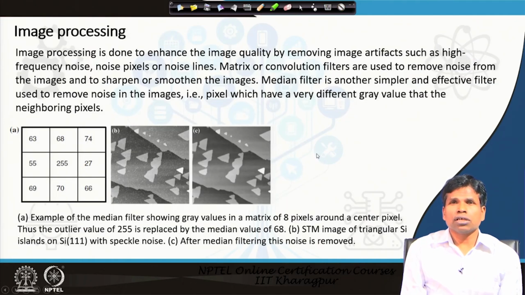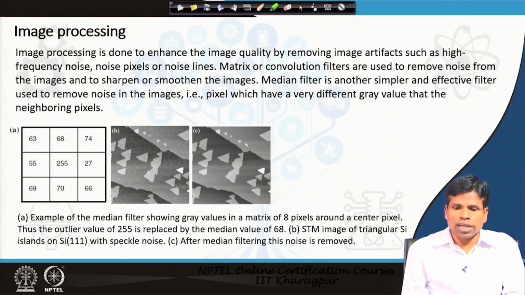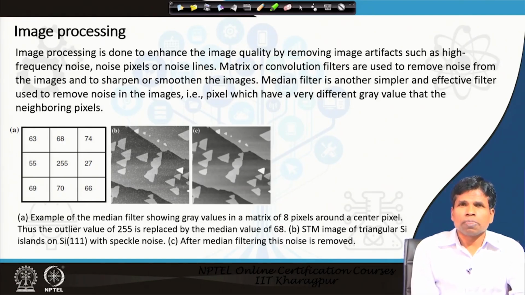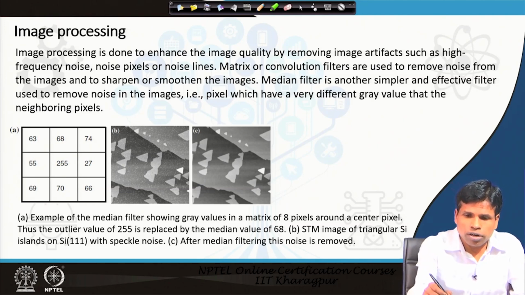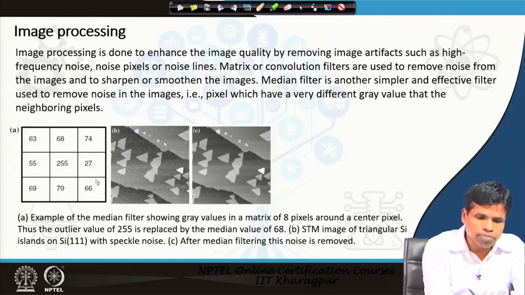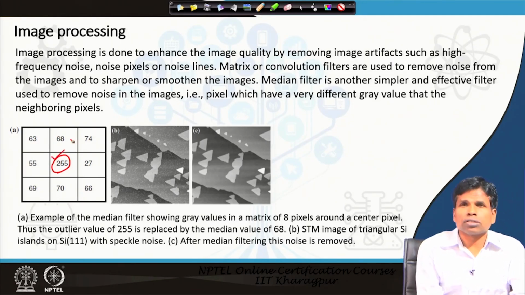About the image processing, there are several image processing technologies available. I will not go into more detail about image processing, but I have taken a simple example here, like a median filter used to process the image. In this particular case, there are 8 pixels, and as you see, every pixel has a different gray value, but among these values, there is one very unusual, very high value.